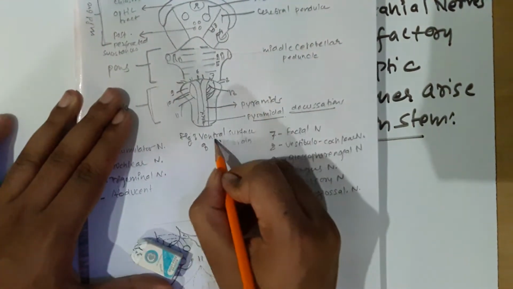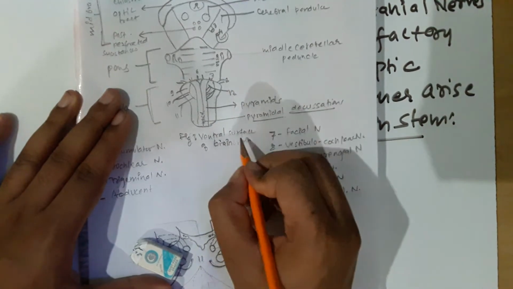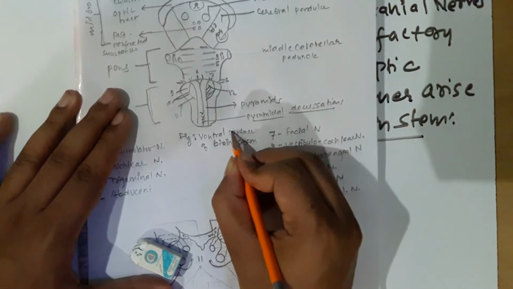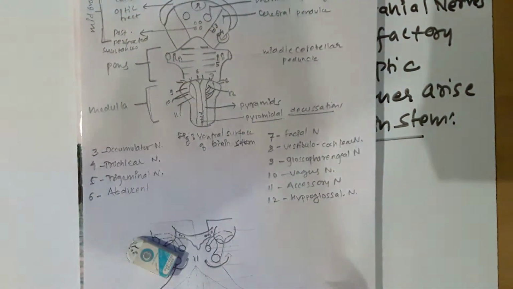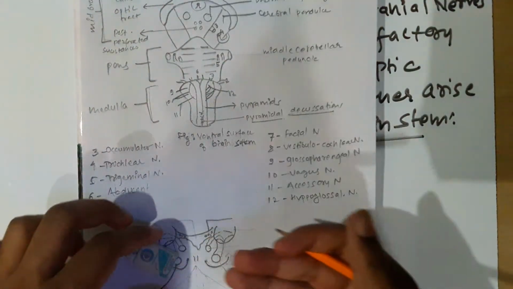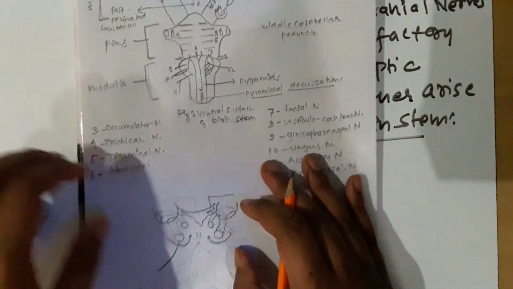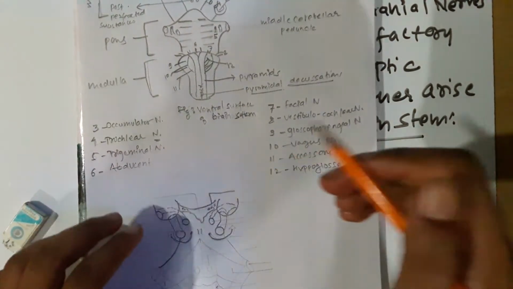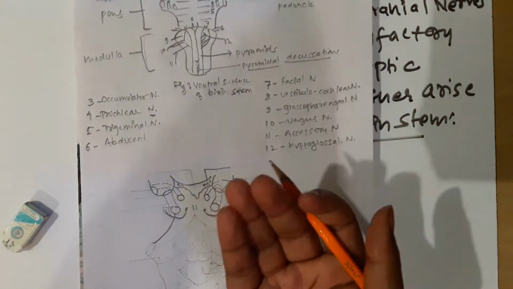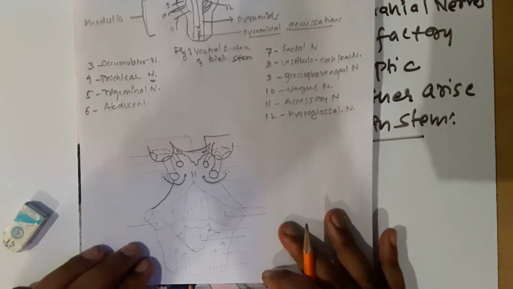This is not the midbrain, this is the brain stem, sorry for that. But the trochlear nerve is the only cranial nerve that arises from the dorsal surface of the brain stem.